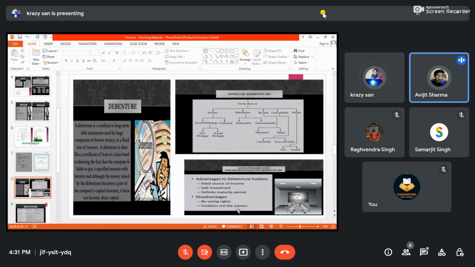It's a type of bond, exactly like promissory notes issued not by companies but by government authorities, and a way of collecting funds from the market.